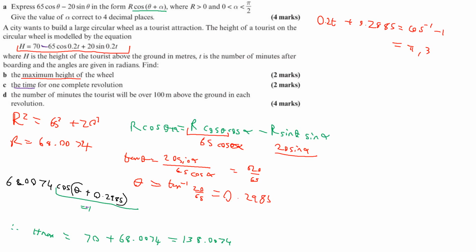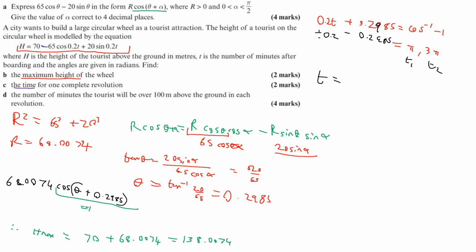Okay? And the reason why we want it in two places is because we're going to work out what t is for both of these, right? And then find the difference. So what I mean is, t is just going to be, we're going to minus 0.2985, and then we're going to divide by 0.2.